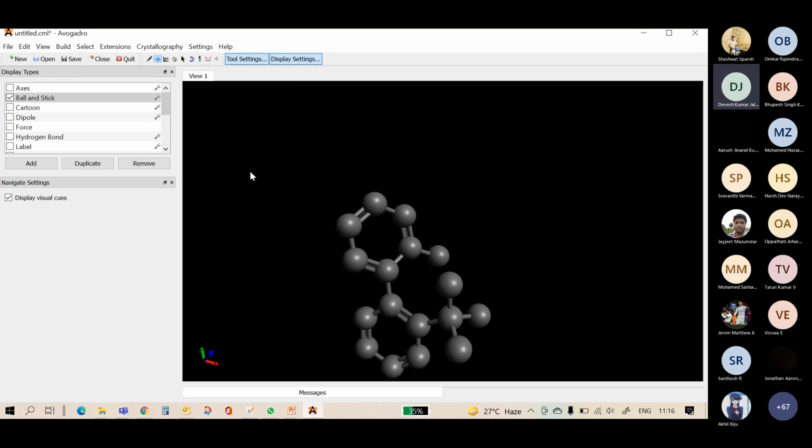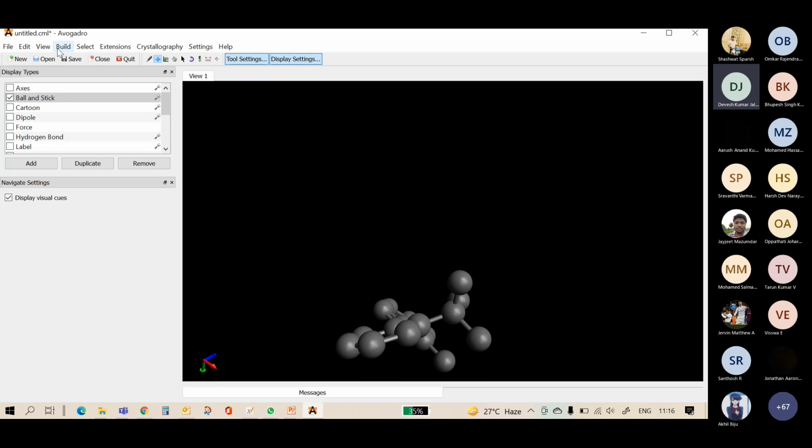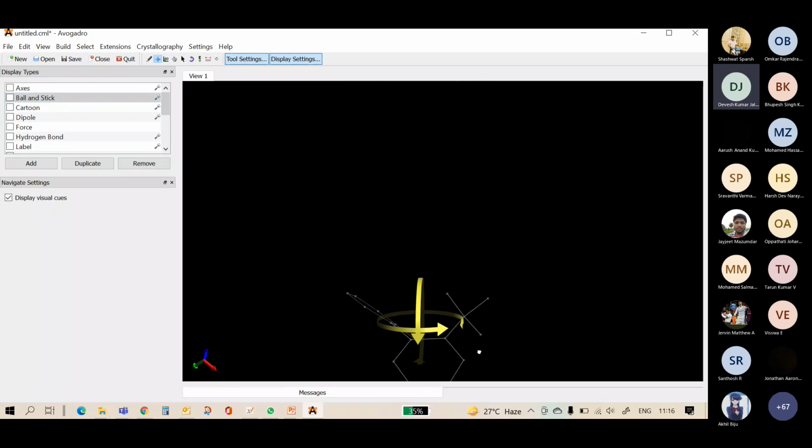Because of a little bit of experience, I am expecting that this is a local minimum structure. So let's see. Now when I rotate it, do you see what I'm saying? Yes, sir. Take a look. This is one of the benzenes. Look at its plane and look at the plane of the other benzene molecule.